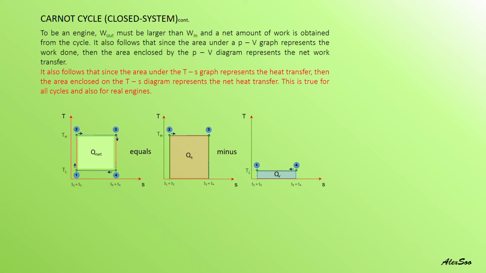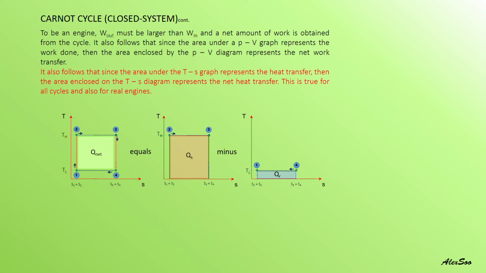So from these three TS diagrams that I've drawn, the first one is based on Q net. How to obtain the Q net is by taking the area under the process path from state point 2 to 3, which equals TH multiplied by the base, S4 minus S1, or S3 minus S2.